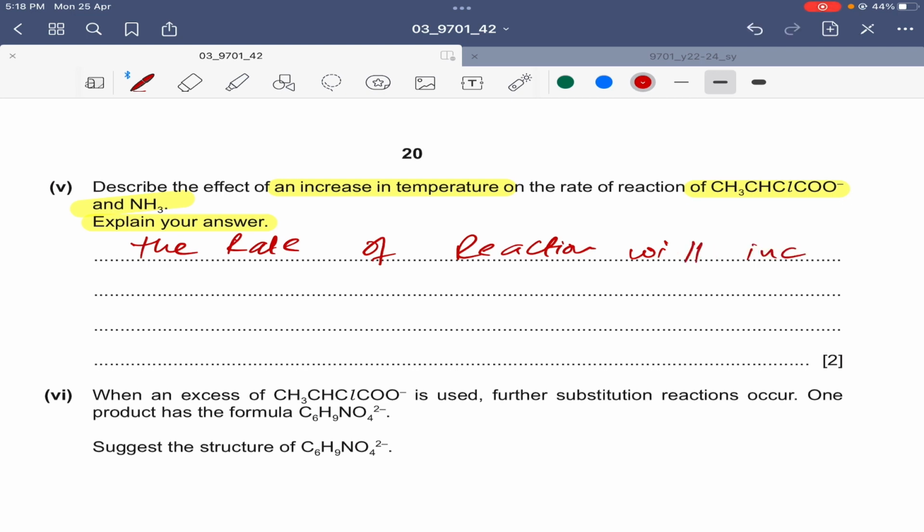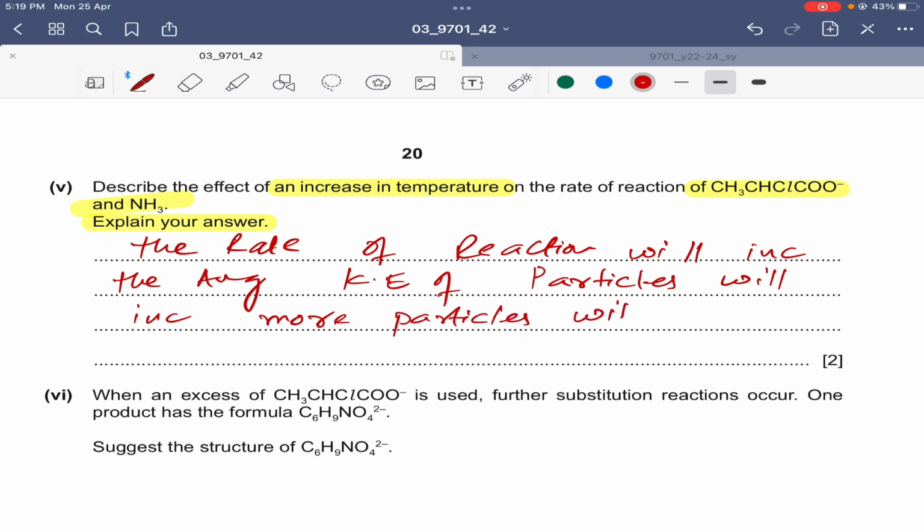Rate of reaction will increase because the average kinetic energy of particles will increase and more particles will have energy greater than activation energy.